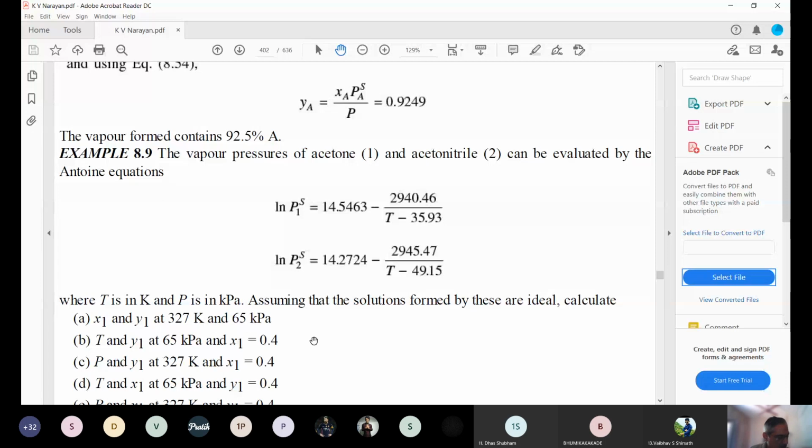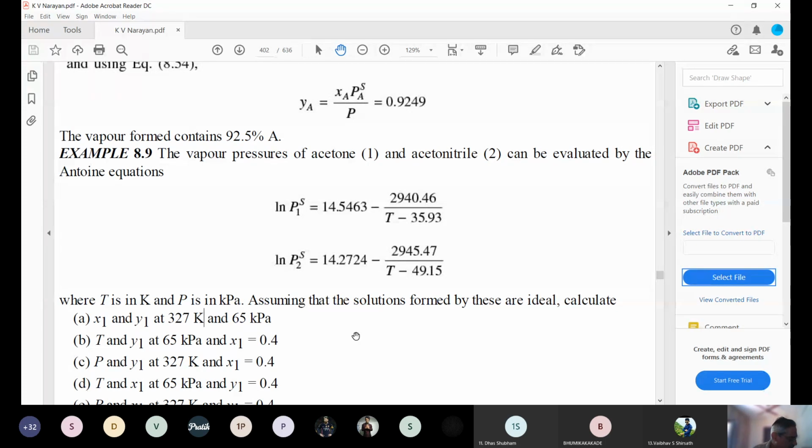Okay. So यहाँ पर जो बुक में दिया है ये assume 330, but suppose we take 325 and calculate Antoine vapor pressure of P1 and P2. Calculate 325 करते हैं. Let's not follow exactly what the book has done because he knows the answer. We don't know the answer, right?